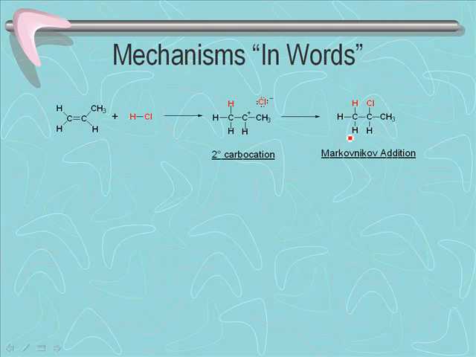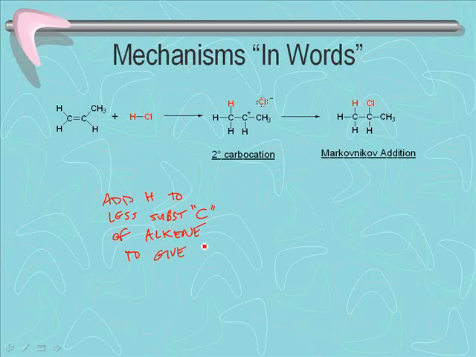So let's look at this mechanism in words. In the first step of the reaction, we add an H to the less substituted carbon to give a carbocation.